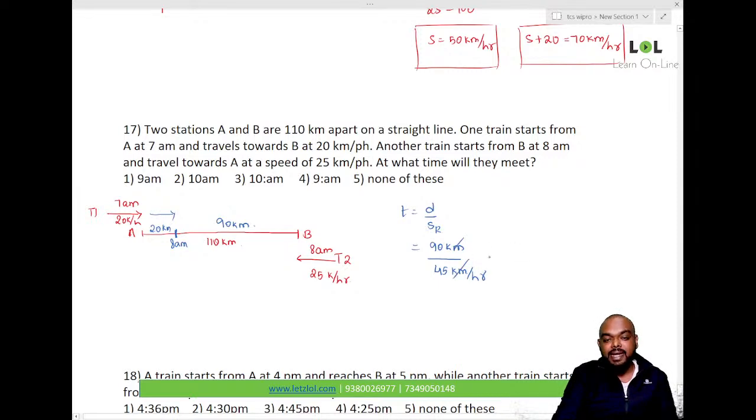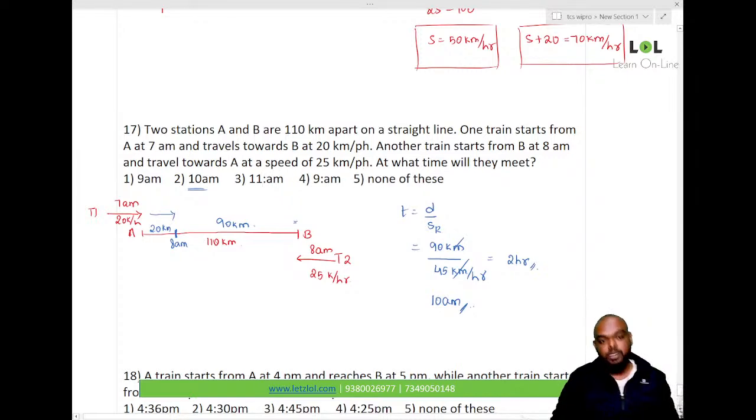Kilometers cancel. 90 by 45 is 2 hours. We started at 8 a.m. for 90 kilometers. From 8 a.m. they need 2 hours, so the answer is 10 a.m. Do you have the option? I think two options are there. Let us go with this one and let me change one of the options for you. 10 a.m. is the answer.